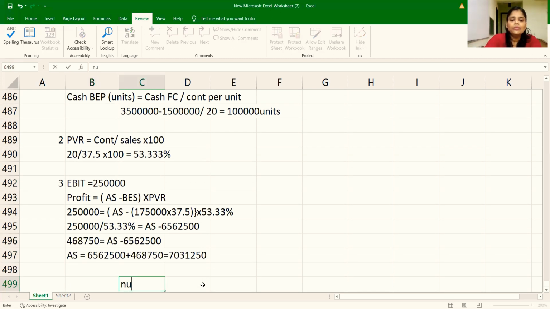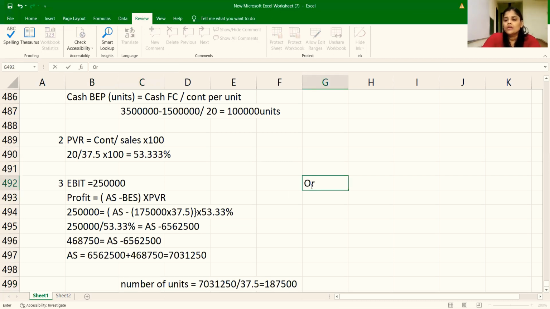But what is the question they're asking? They're asking you the number of units. What is the number of units? 70,31,250 divided by selling price per unit, so divided by 37.5. So your answer is 1,87,500. This is if you're going by the formula method. Or if you go by logic, you want to earn 2,50,000. You need to cover fixed cost of, what was the fixed cost? 35 lakh.